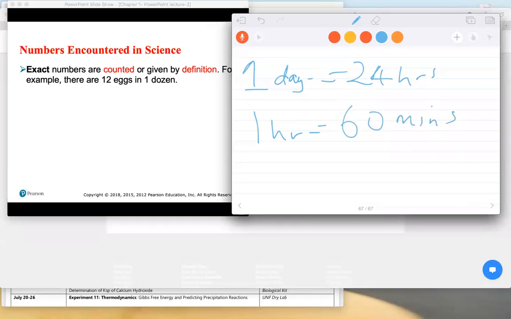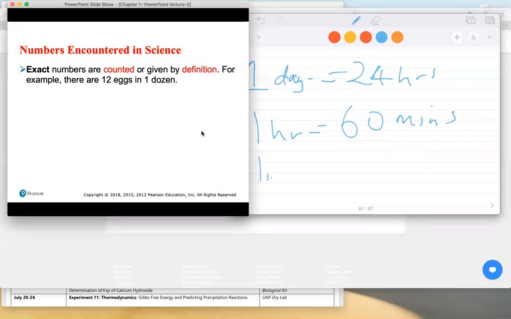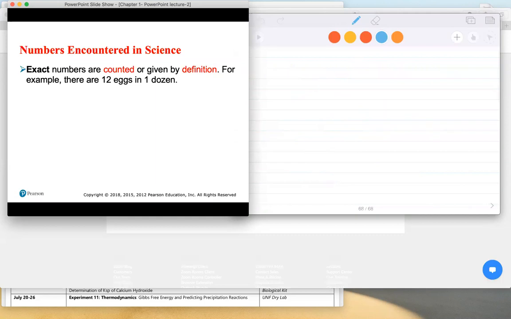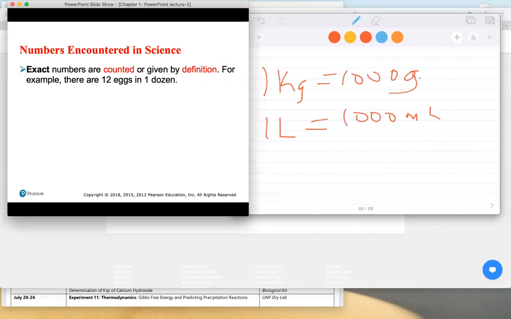These are exact. 1 inch equals 2.54 centimeters. This is a definition. We can also say 1 kg equals 1,000 grams. 1 liter equals 1,000 ml. These are definitions and they are exact.